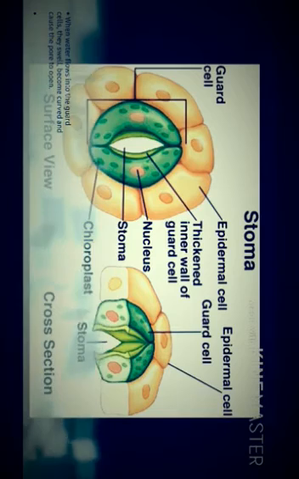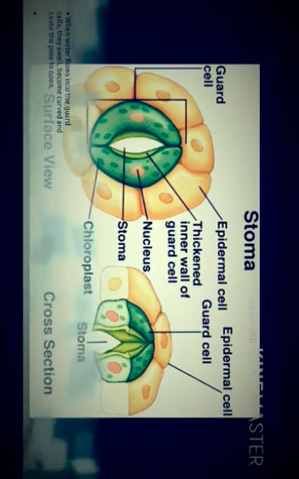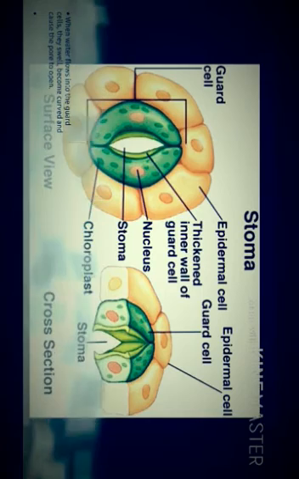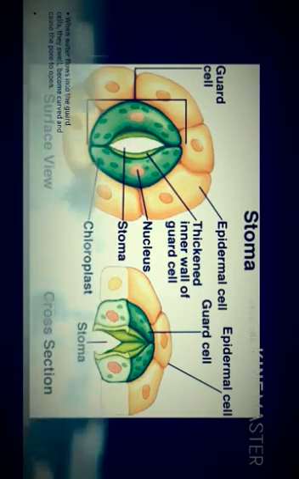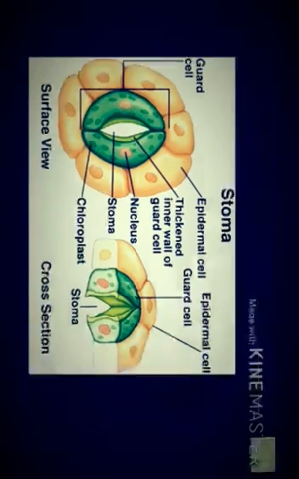Okay, and just change the paragraph. When water flows into the guard cells, they swell, स्विलिंग हो जाती है, सूजन हो जाती है. Okay, when water flows into the guard cells, they swell, become curved and cause the pore to open.